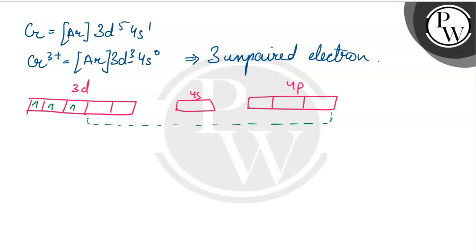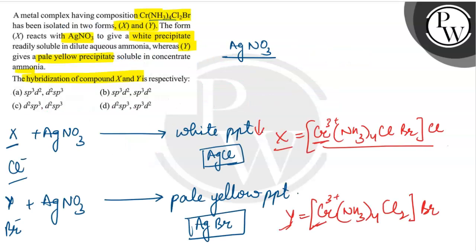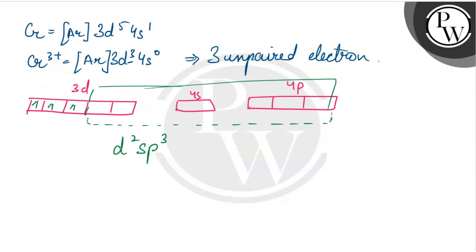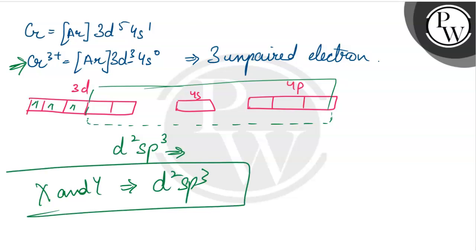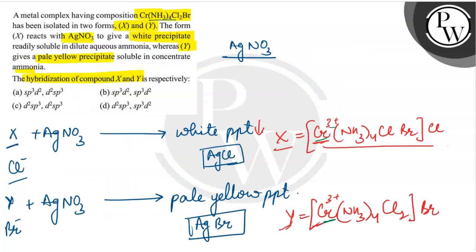So our hybridization will be d2sp3. For both X and Y we have chromium 3 positive, so both have the same electronic configuration and the same hybridization. X and Y both have d2sp3 hybridization.